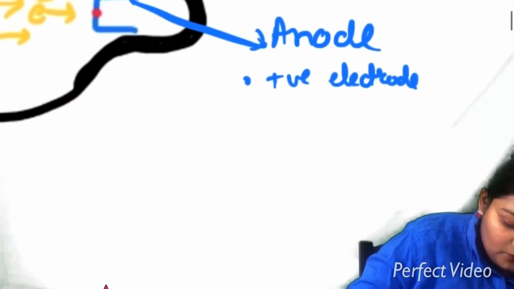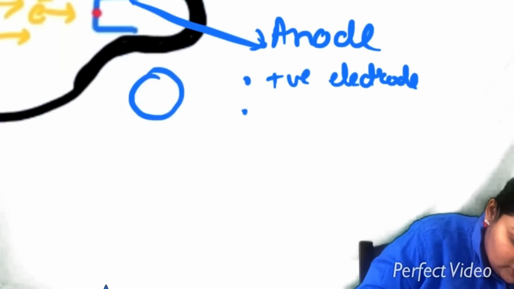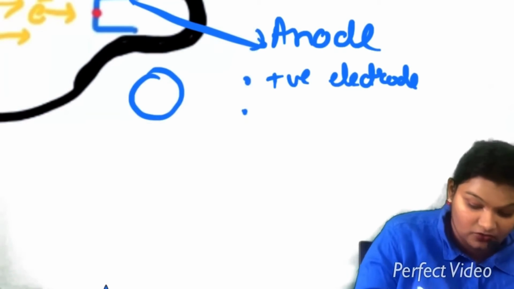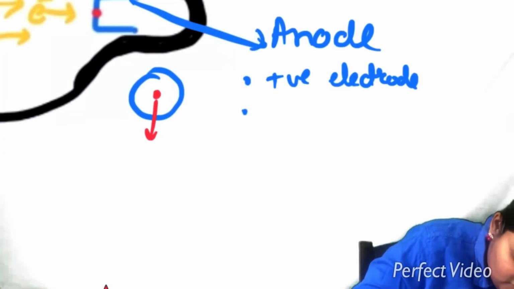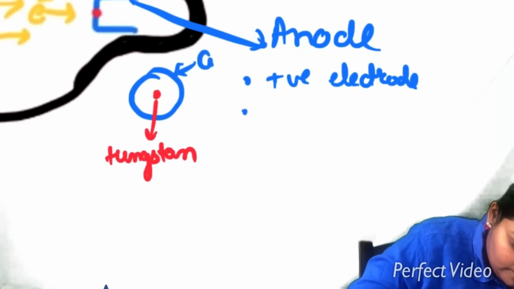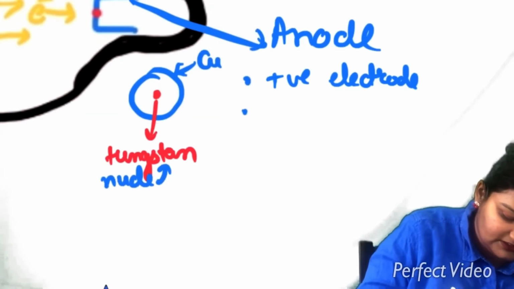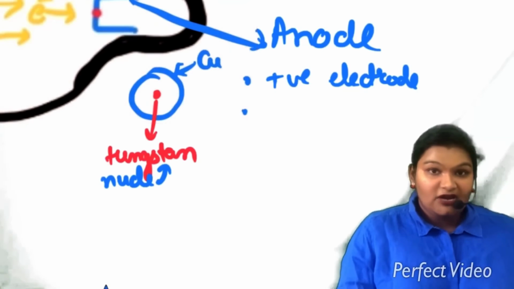This anode is a positively charged electrode, and it is made up of two components. If this is an electrode, it has a center of tungsten, right? And the rest is made up of copper. Okay, so it has a nucleus, right? Now what happens?